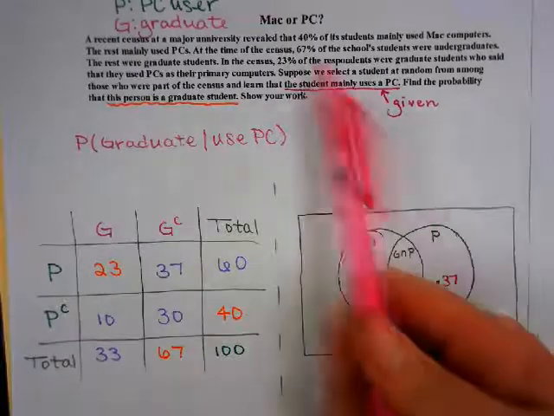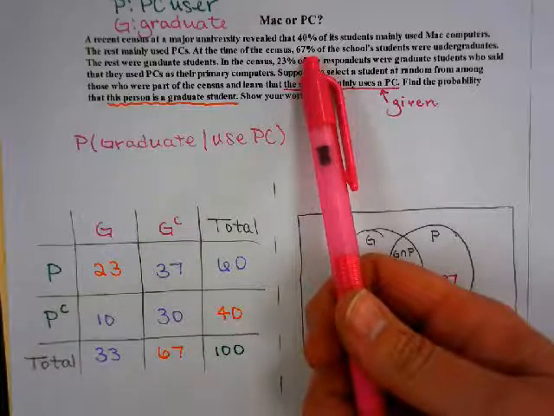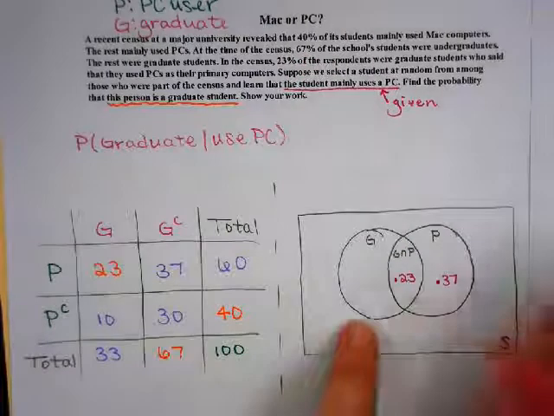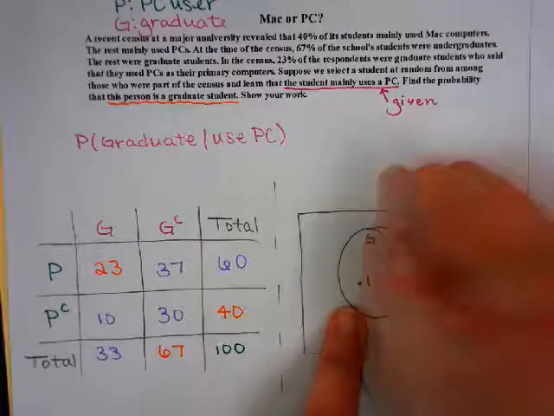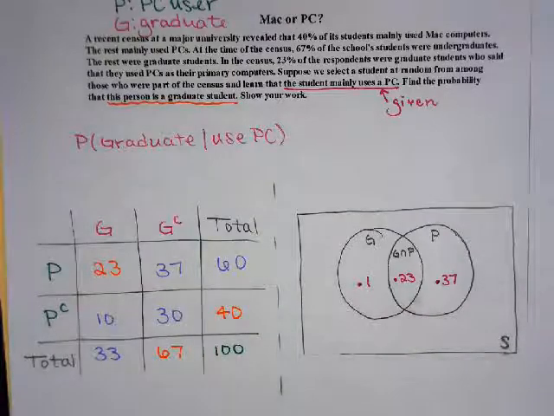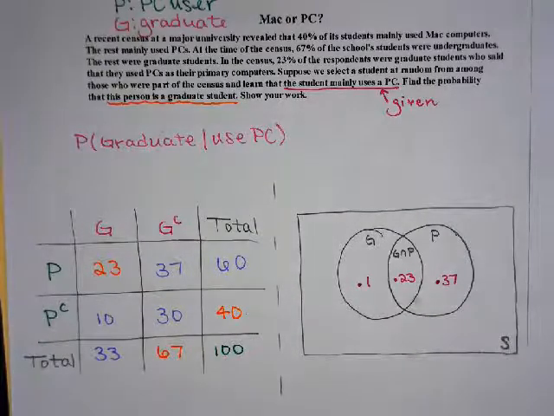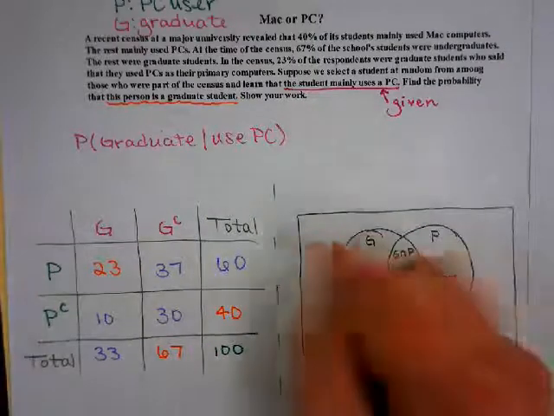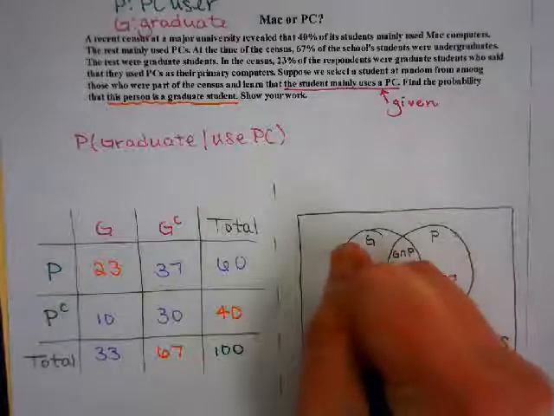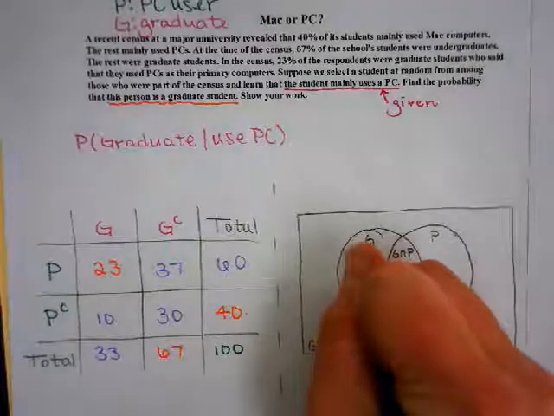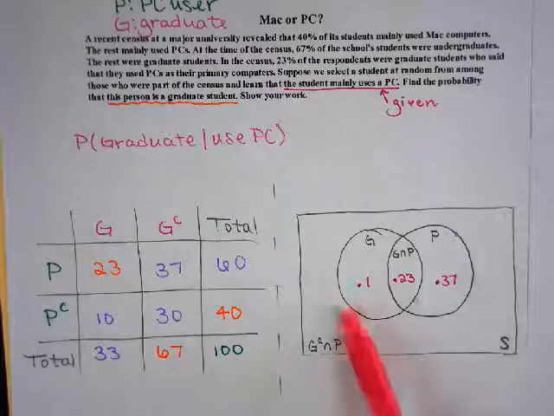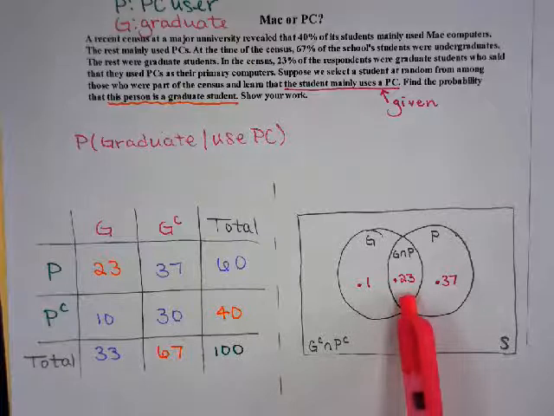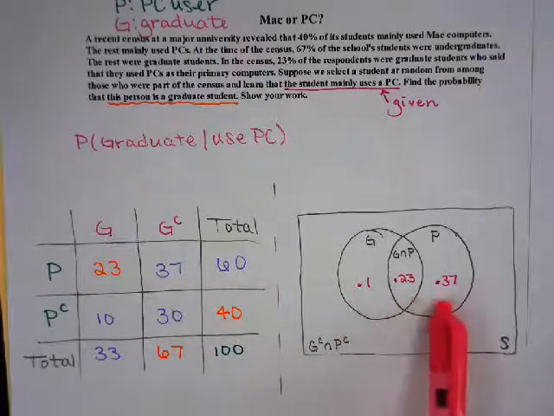So that leaves 0.10 in just the G. And then in the Venn diagram, here is G complement and P complement. So we would take 0.1 plus 0.23, plus 0.37, which would be 0.7. So that means we have 0.3 out in the G complement and P complement space.